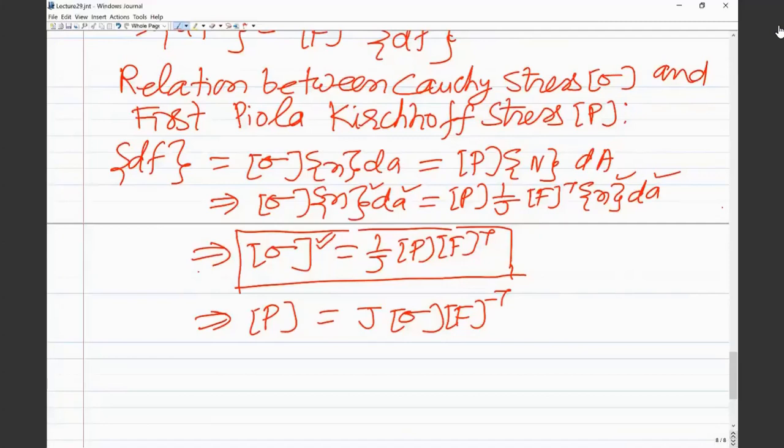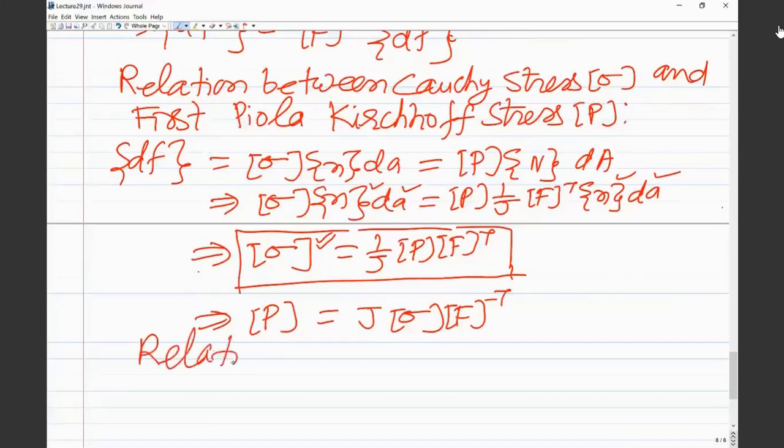Even though sigma is symmetric, P would be unsymmetric because F is not a symmetric matrix. We are multiplying by F inverse transpose, so P will become unsymmetric. So even for non-polar materials, the first Piola-Kirchhoff stress tensor is going to be an unsymmetric tensor.